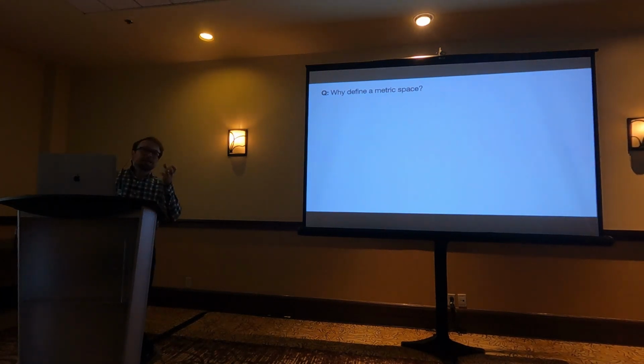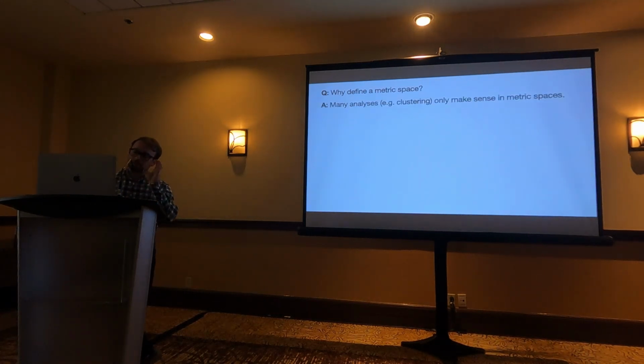So the first question is, why do we care about these three axiomatic definitions? Mathematicians call distance functions that satisfy this a metric space, and why do we care what the mathematicians came up with 100 years ago? The answer is that there are a lot of statistical analyses, like I was mentioning, like clustering, that really only make sense once you have defined a rigorous metric space.